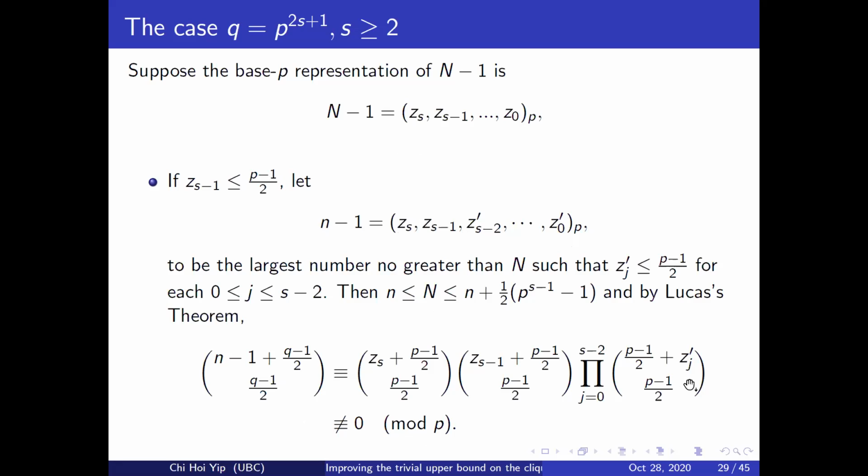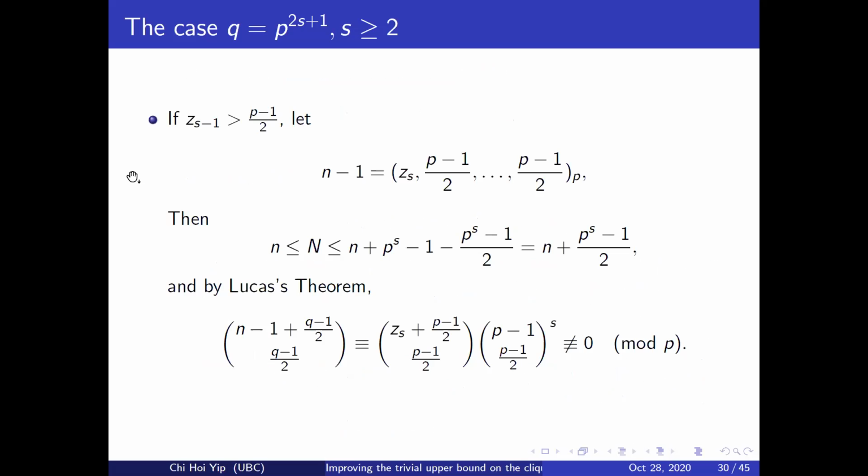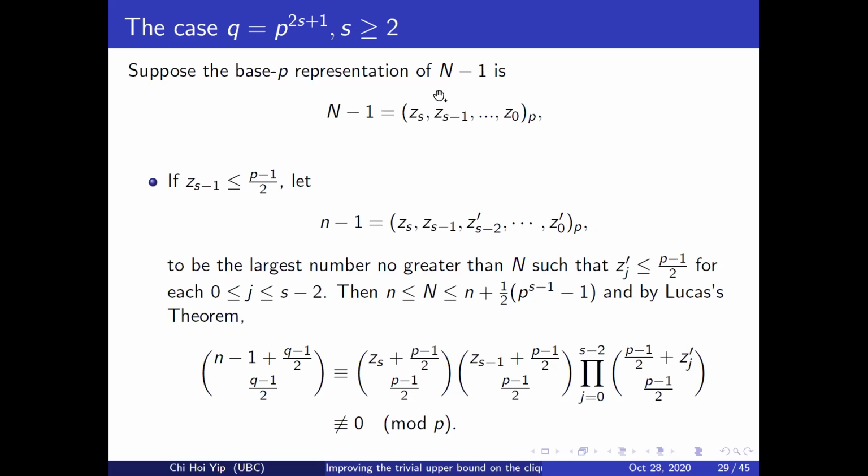Because, for example, for this term, we have assumed that j prime is bounded by (p minus 1)/2. So this one is always bounded by p minus 1, so we know that this won't be 0. And similarly for these two terms. And the second case is that this digit j_(s minus 1) is relatively large.